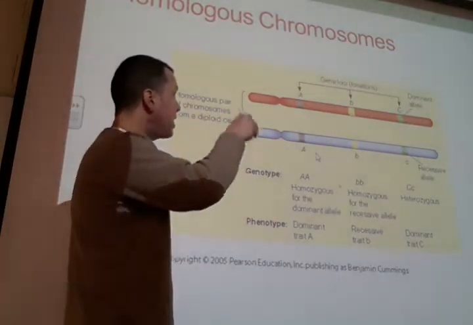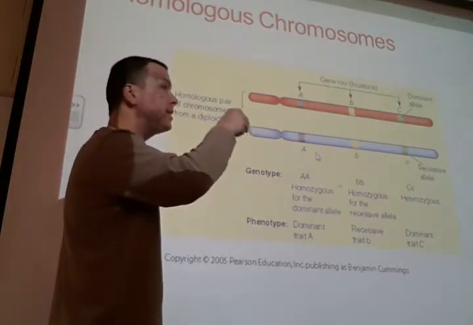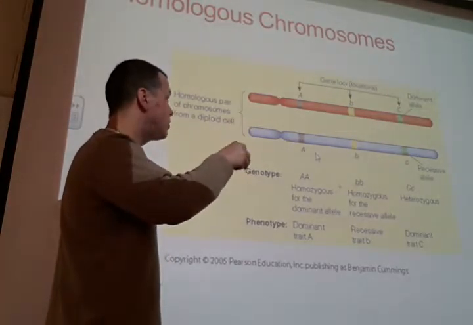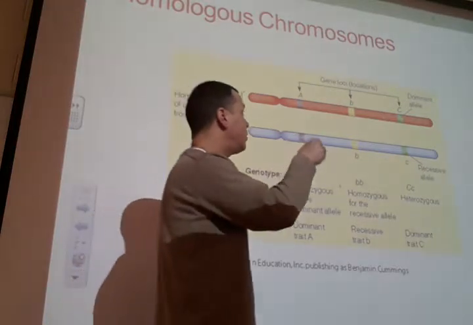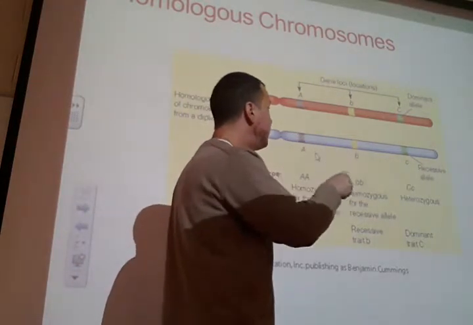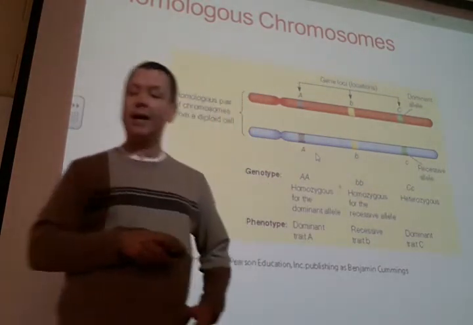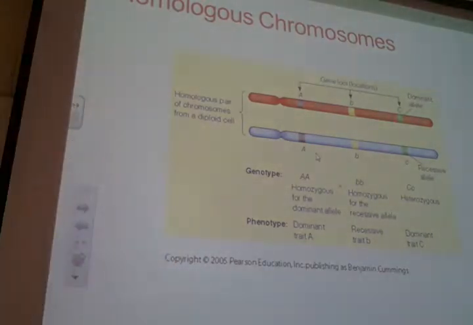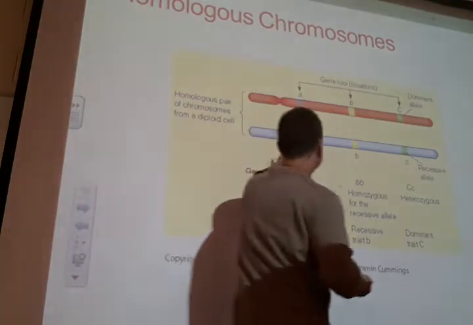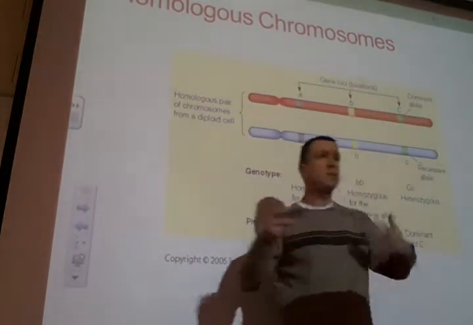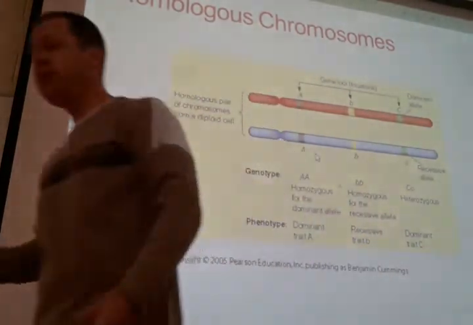Or they could have 2 copies of a recessive allele, like the B example, 2 small b's, so homozygous recessive. Or they could have one of each, a capital C and a small c. And if you remember, that's called heterozygous. But regardless of the allele, they have the same genes in the same order. That's what makes a homologous pair a homologous pair.